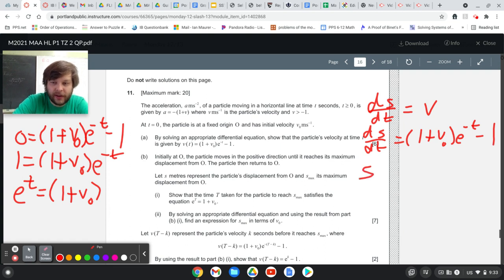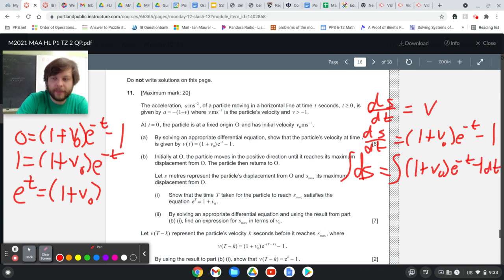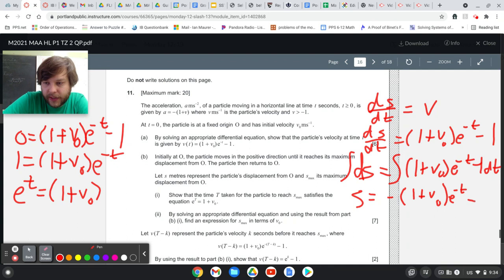So the left side, the antiderivative of ds, the right side, the antiderivative of all this fun stuff, dt. So we get s equals, when you take the antiderivative of e, it stays the same except for the chain rule, so I just put a negative in front, and then the antiderivative of 1 is t, and then don't forget your plus c right there.